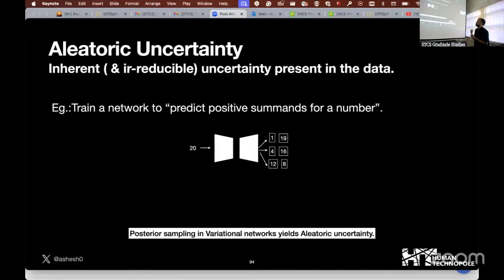But 4 and 16 is also a good answer because that also sums to 20. So there are problems where a single input can have multiple solutions. And for such problems, it does not make sense to give a point estimate. You need a way to do posterior sampling, which means you need different predictions coming out from the network.